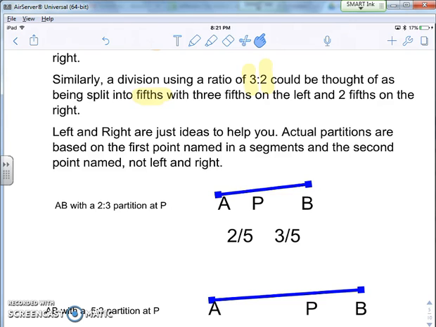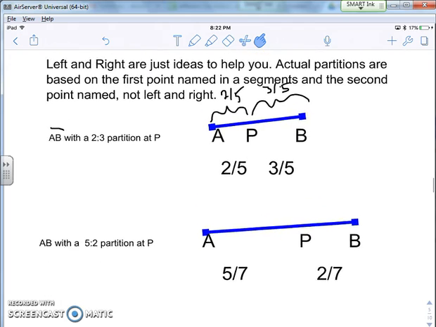Partitions are set up with whatever letter is presented first. So partition on segment AB, the 2 goes with the A, the 3 goes with the B. So a ratio of 2:3 again is in fifths, with this portion being 2/5 and this portion here being 3/5. So the 2 to 3 is just the numerator of the fraction.